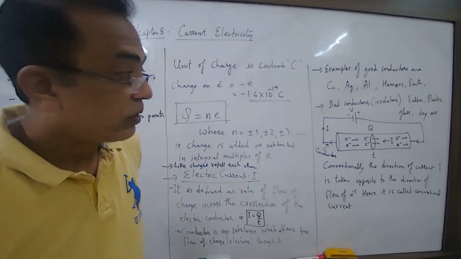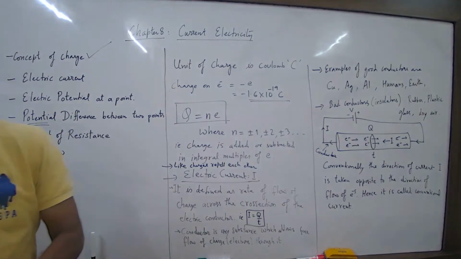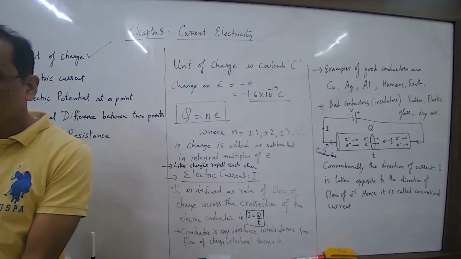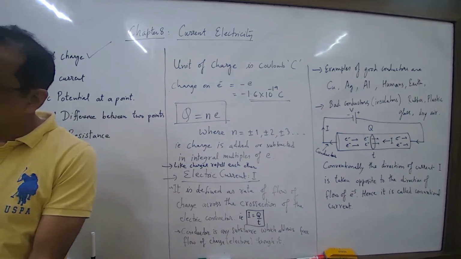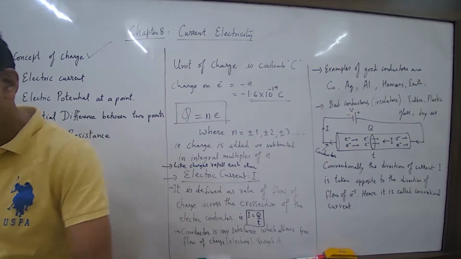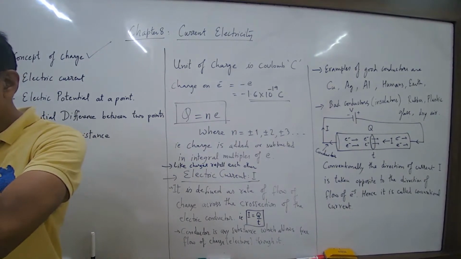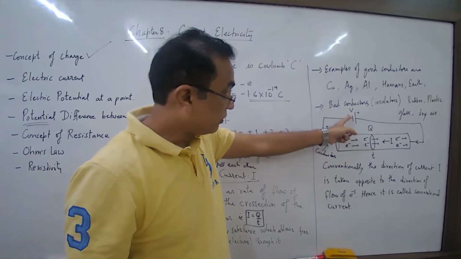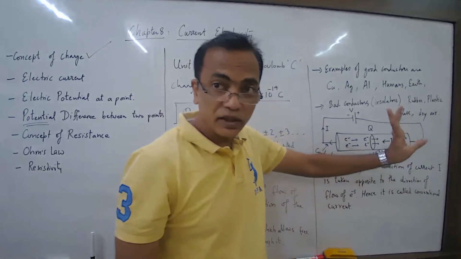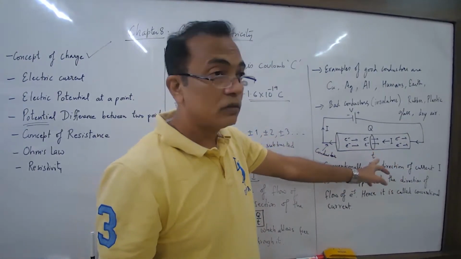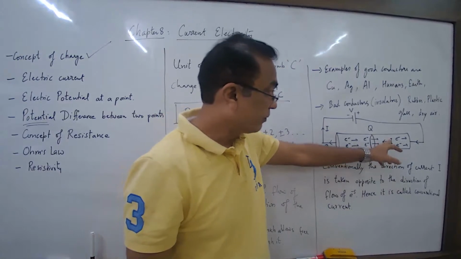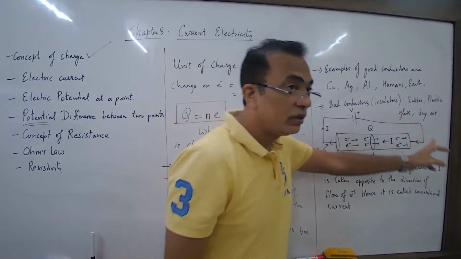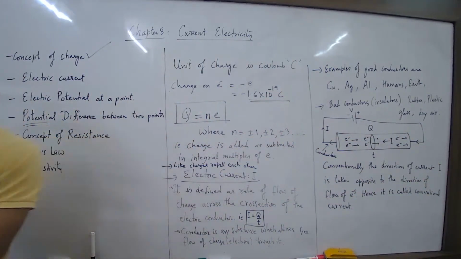Got it? So why have we taken conventional current? Because in real life, bodies always fall from a high level to a low level. Water will always flow from high to low. You never see water flowing from down to up on its own. Here, what is seen? The charge is flowing from low potential to high. Current is because of charge flow only. But the way we interpret it, we say the conventional current is flowing from high to low, to match it with natural phenomena.